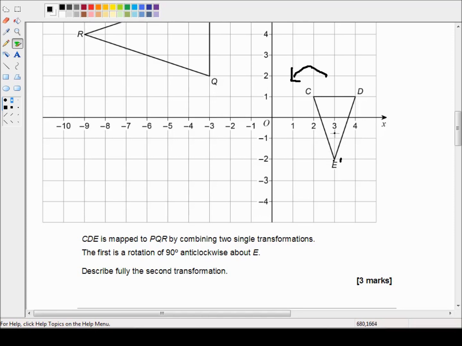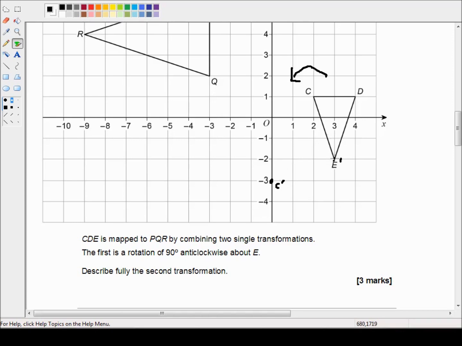So the y-axis then becomes the x-axis, and the x-axis becomes the y-axis. Now we're looking at, if we're going up 3, then we need to go across -3. So this is going to be 1, 2, 3 here, and we went left 1, so we're going down 1. So this is the new point C, so this is C prime.